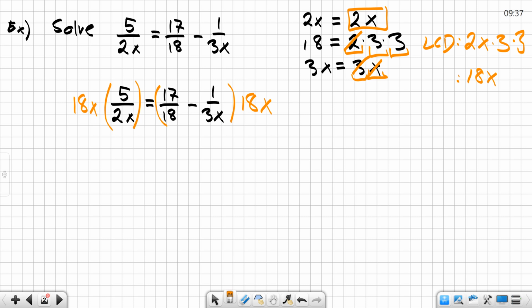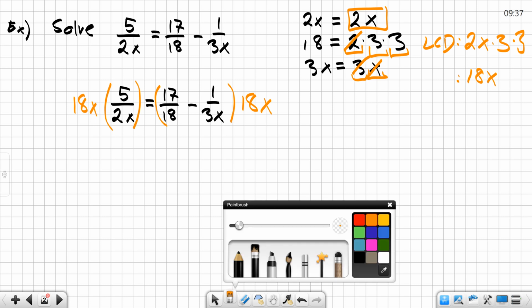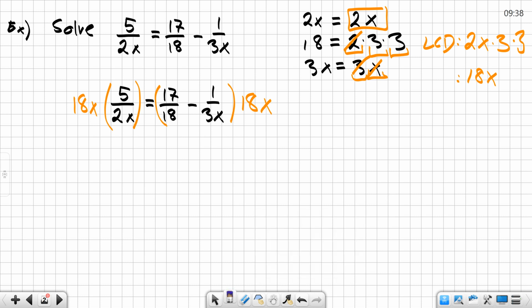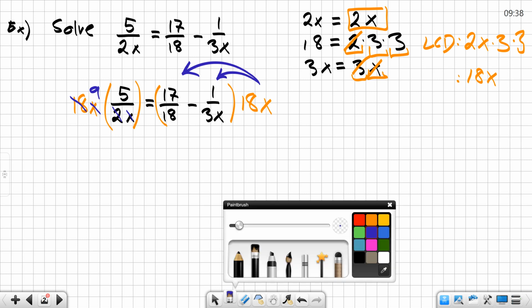So what happens right now here, on the left side, you'll see that when this actually is being multiplied, the x's cancel out, and the 2 on the bottom is also going to cancel out and will turn this into 9. Now, on the right side, what is going to happen is that I will have to use my distributive property. That means everything gets to multiply with 18x.